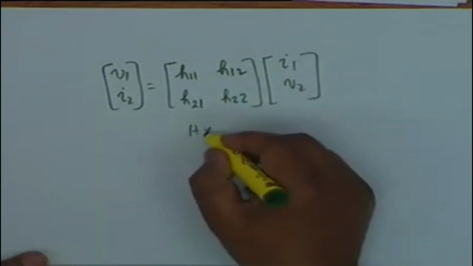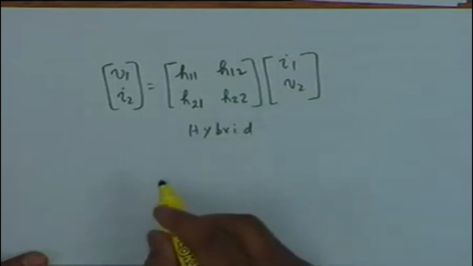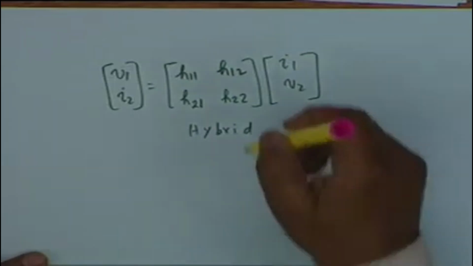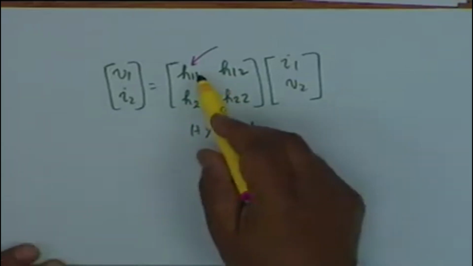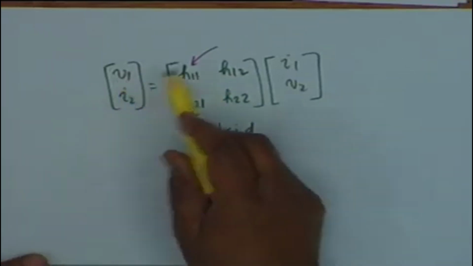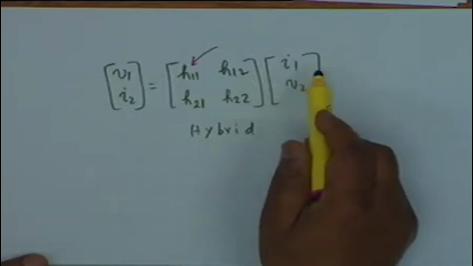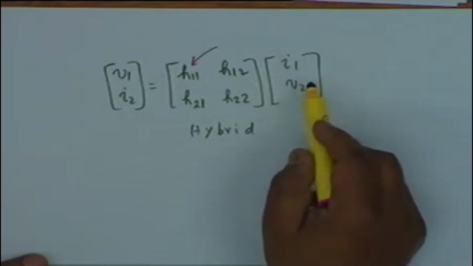Hybrid. You can see very clearly that H11, for example, how would you define H11? H11 is V1 divided by I1 with V2 equal to 0.